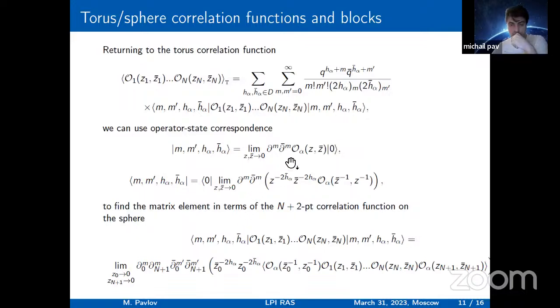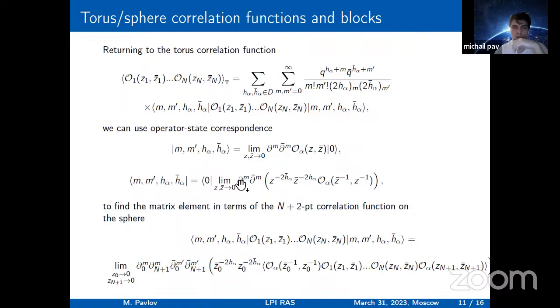Some details about it are the following. We have this arbitrary SL2 descendant state, and the operator realization of this state is the following. These are just derivatives, and derivatives are the differential realization of the operator L-1.